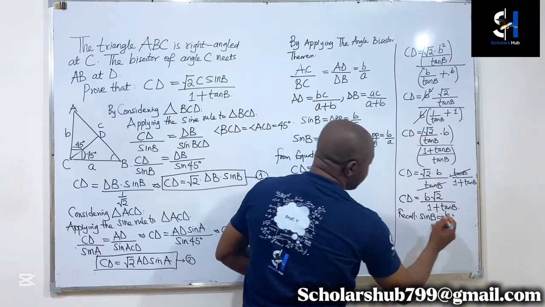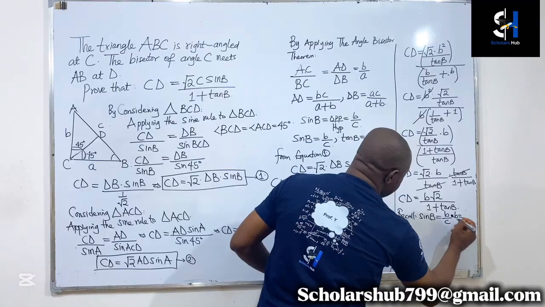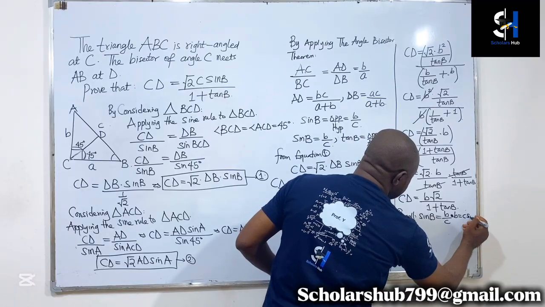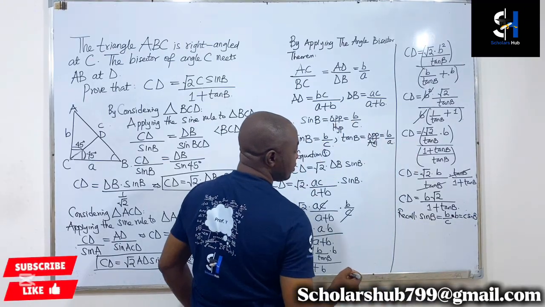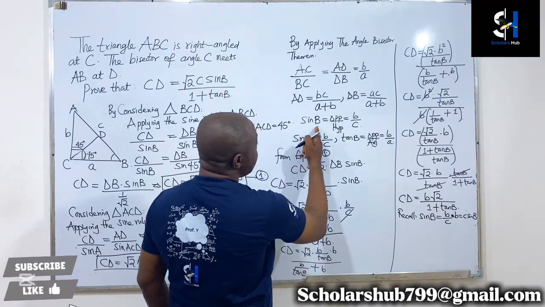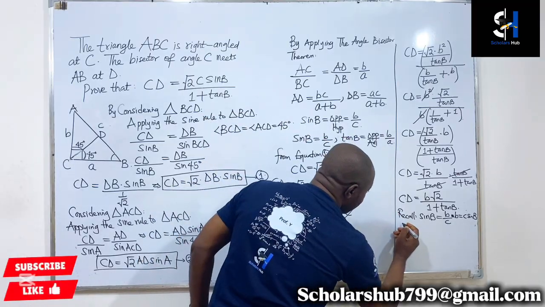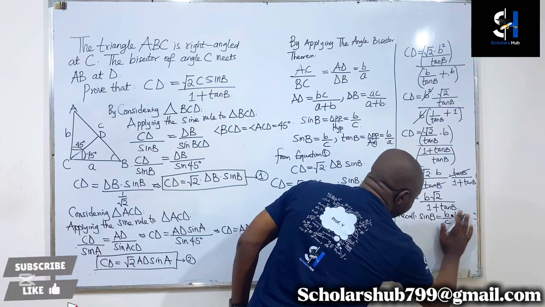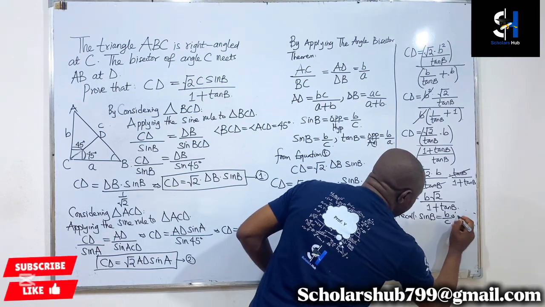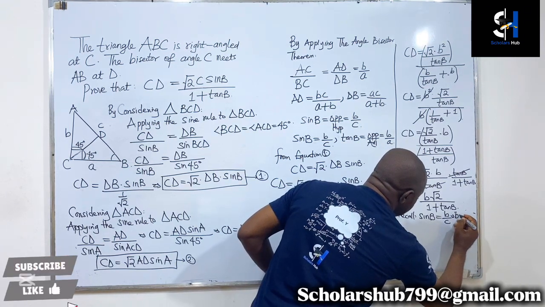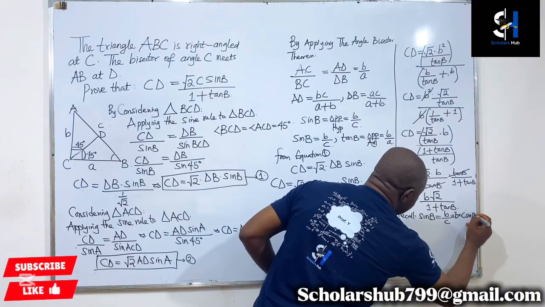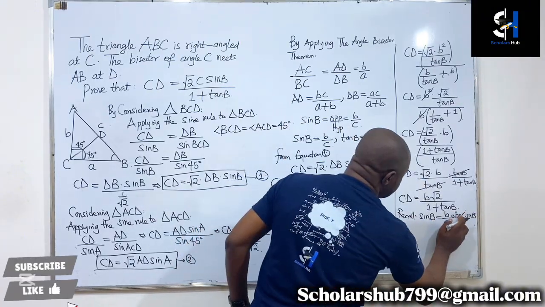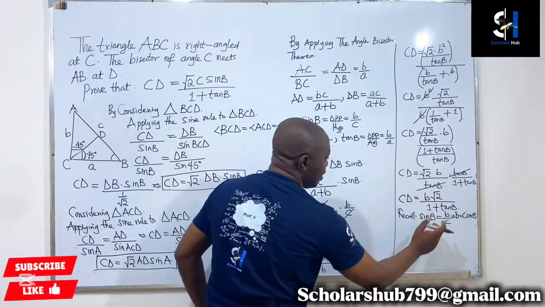So we have B equal to C sine B, from sine B equals B over C. Let me write this again. We have B equal to C sine B. So we put that here.